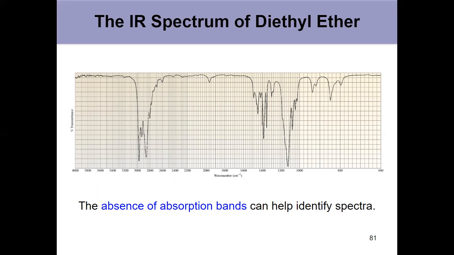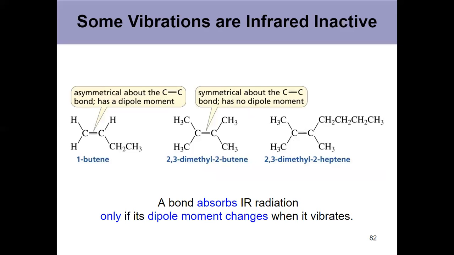Okay. Now, one thing to keep in mind too, the absence of absorption bands can help, and also know that some vibrations are infrared inactive. Okay, so infrared isn't 100% perfect. What do I mean by that? How are things infrared inactive? Which is an important idea to keep in mind when you're drawing these conclusions.